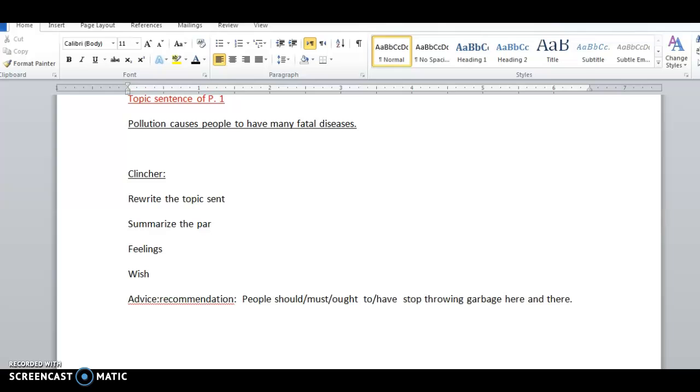Then I can give future prediction or expectation. For example, if teenagers use the internet all the time, they will be so lazy. So when I use if and will, then it's a future expectation.